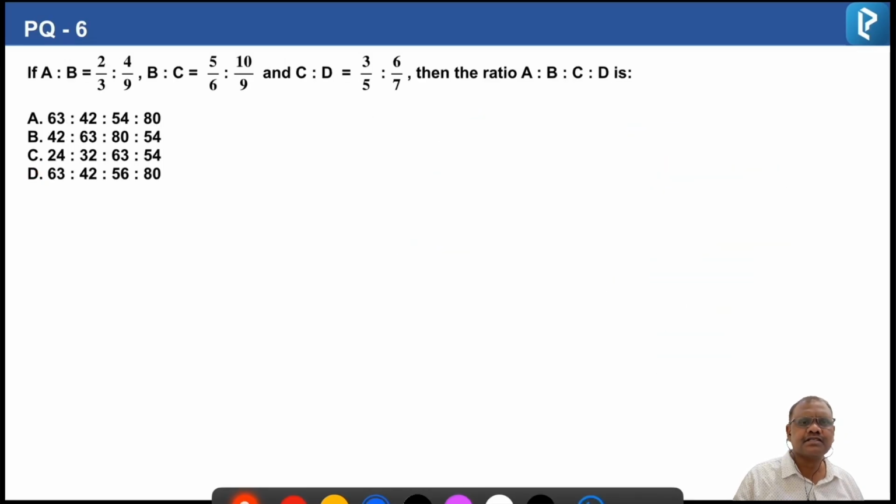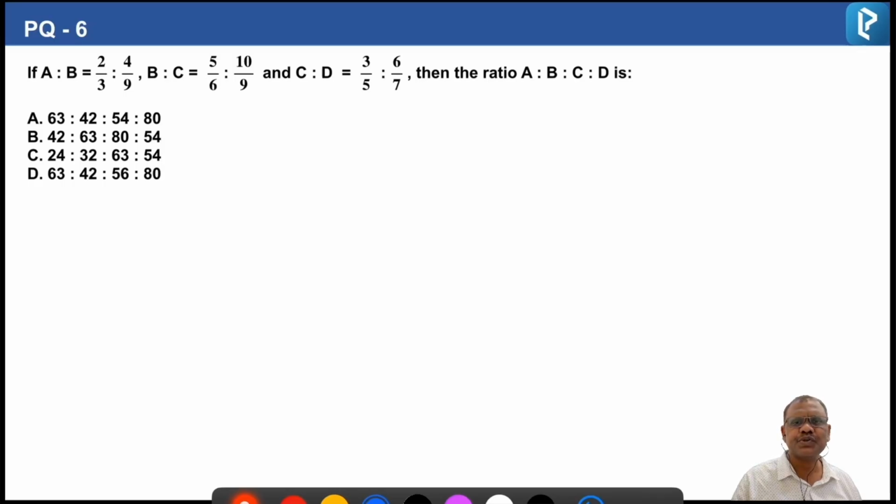Moving on to the next question, question number 6. So, here we have all the fractions, the given ratios. A is to B is 2 by 3 is to 4 by 9. B is to C is 5 by 6 is to 10 by 9. C is to D is 3 by 5 is to 6 by 7.